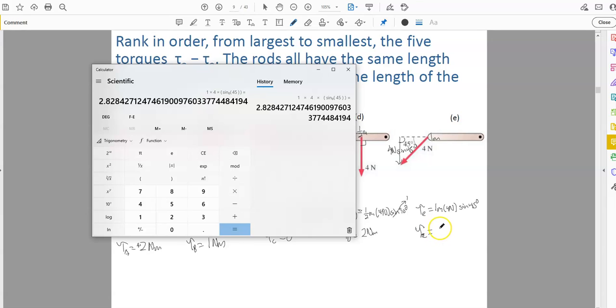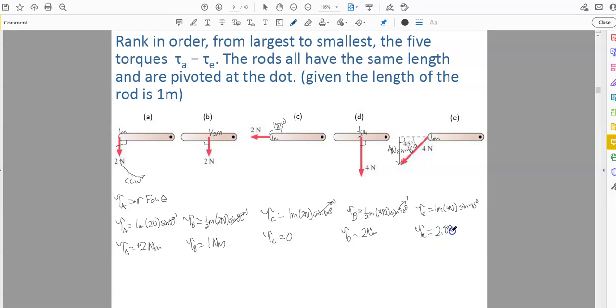So this is going to be 2.83 Newton meters.